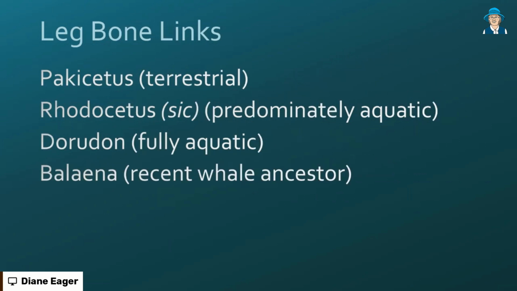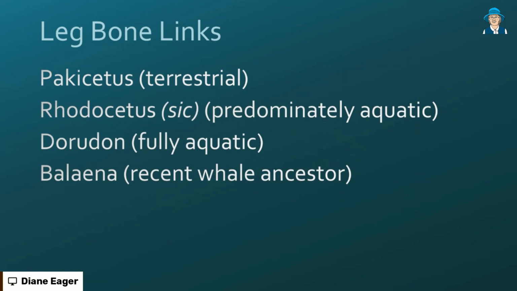And they gave these 4 examples in the university notes that we were sent. Right, Pachycetus, terrestrial, these are their words, that means land dwelling. Rhodocetus, and that's how they spelt it, predominantly aquatic.